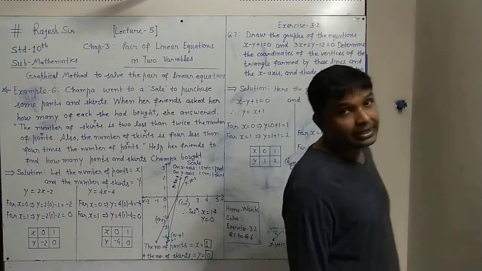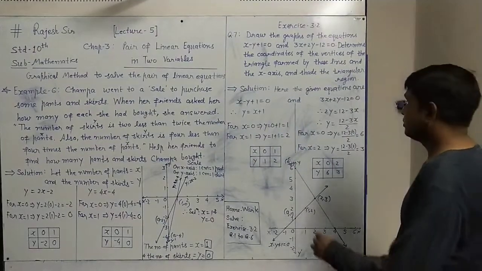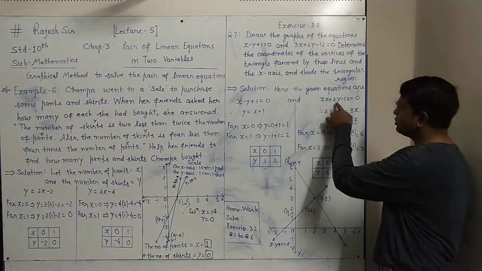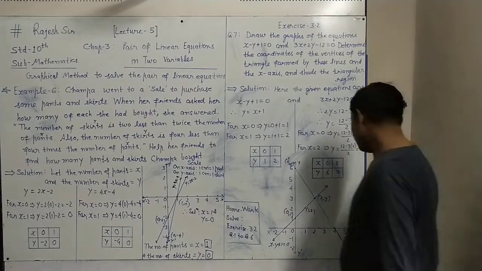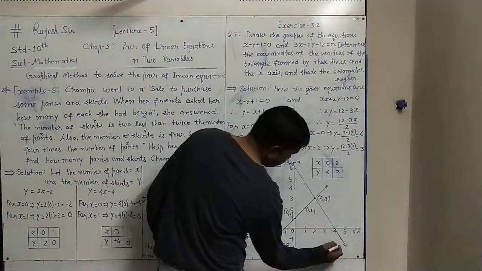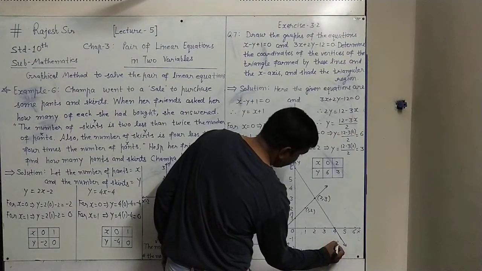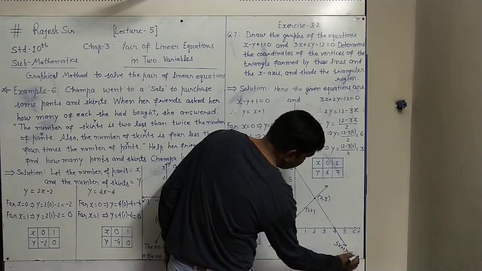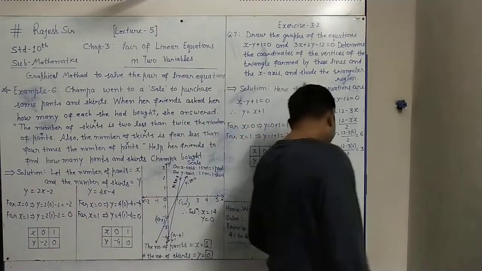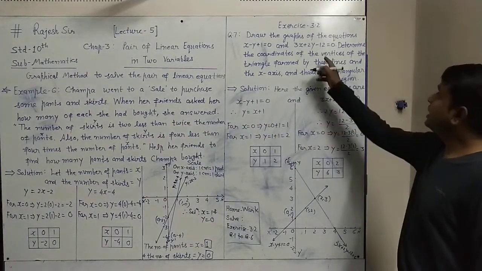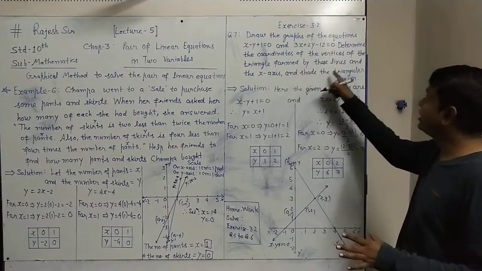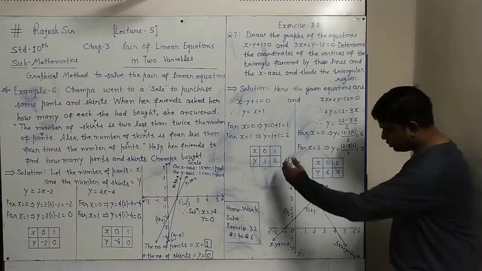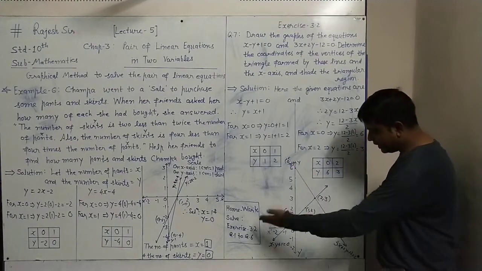This way, the graphs of both the lines we have drawn. This line represents x minus y plus 1, and this line is 3x plus 2y minus 12 equal to 0. For this line also I will write the equation 3x plus 2y minus 12 equal to 0. Now you can see the vertices of the triangle formed by these lines intersecting this way and the x-axis. So in total we have 3 lines, 2 given lines and 1 x-axis.